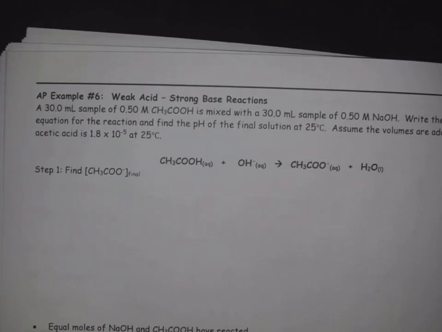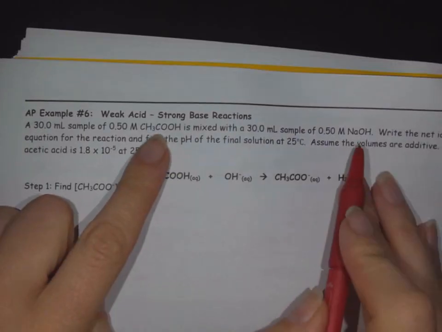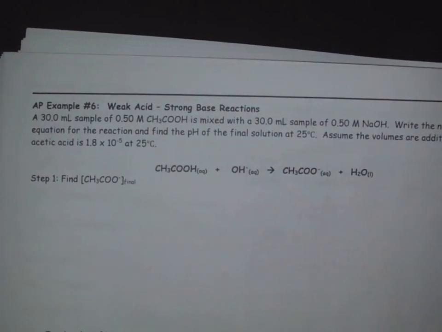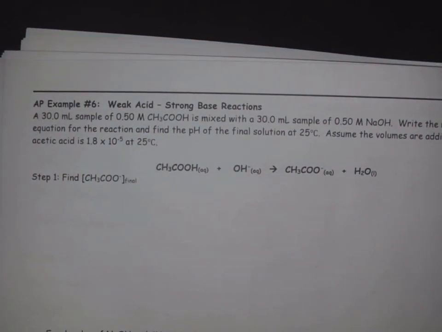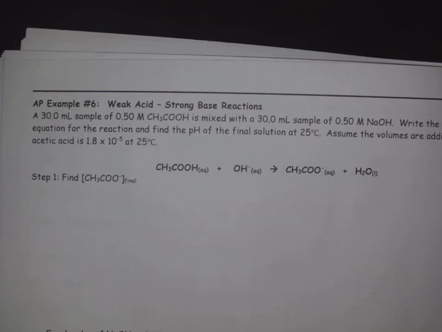So like we've always been doing, anytime you see that an acid is being mixed with a base and it's not specifically telling you that it's at the equivalence point, then we should do a BCCA table to see what the limiting and what the excess is, if there even is a limiting or an excess. So we have a 30 milliliter sample of 0.5 molar acetic acid mixed with 30 milliliters of 0.5 molar sodium hydroxide, the strong base.